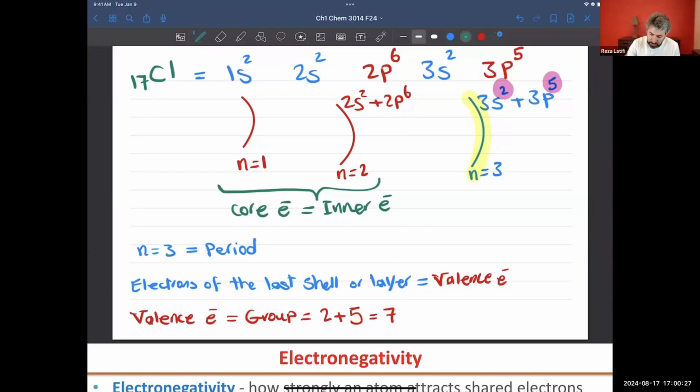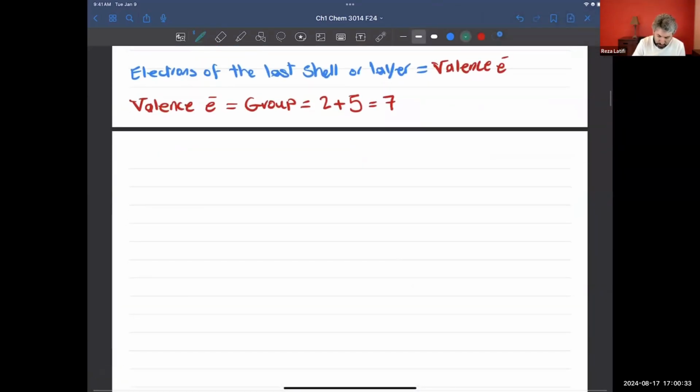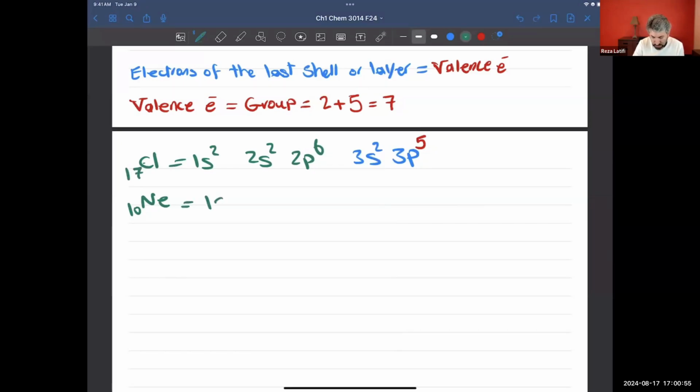Another way to write the electron configuration. For chlorine, we said 1s2, 2s2, 2p6, and then 3s2, 3p5. If you compare the electron configuration of chlorine with neon, it has 10 electrons. Neon is 1s2, 2s2, 2p6.